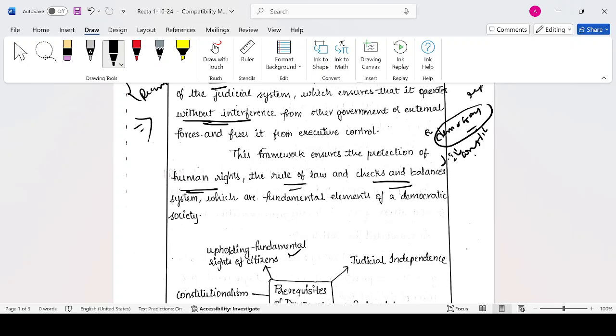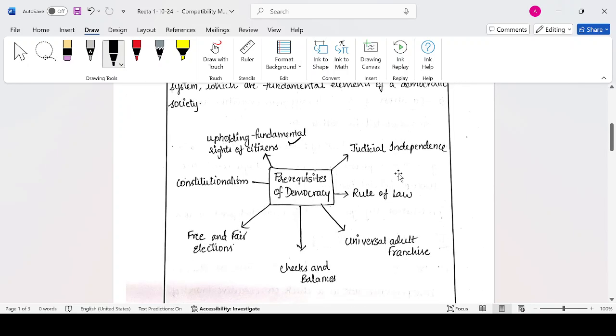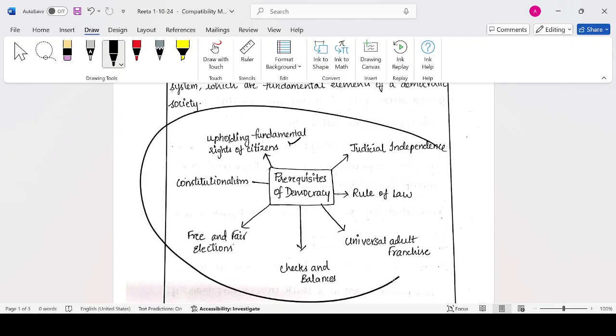She also gave a brief overview of the prerequisites of a democracy: fundamental rights, constitutionalism, free and fair elections, checks and balances, universal franchise, rule of law, judicial independence. These are all prerequisites of a democracy.